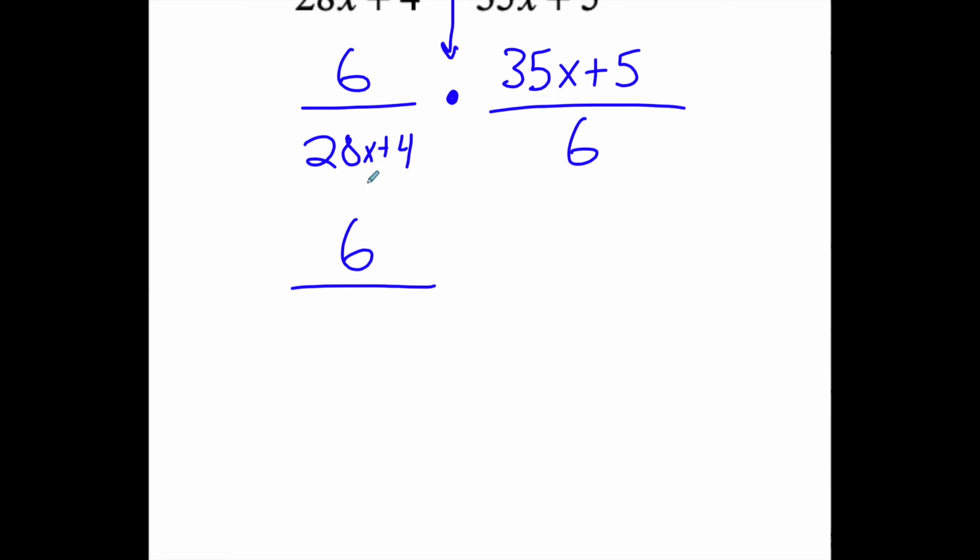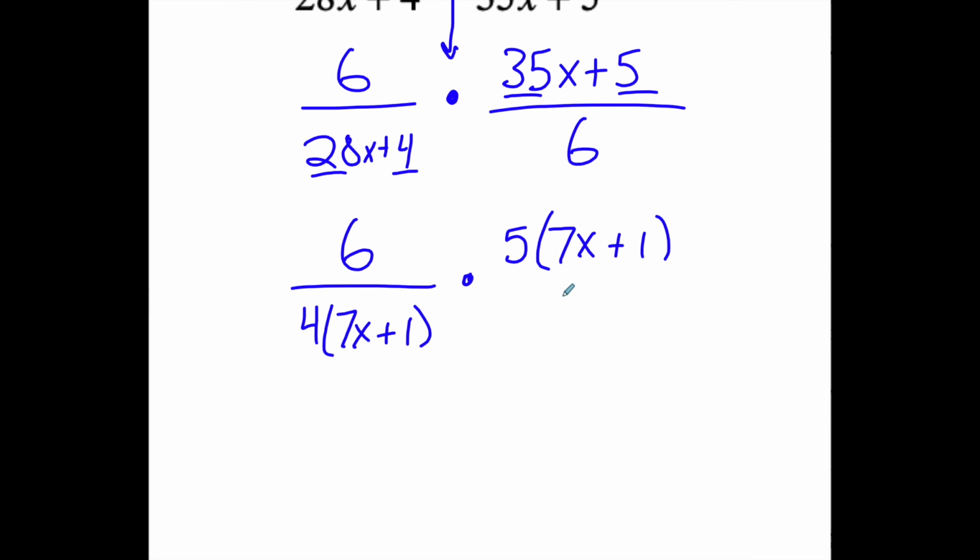So we're going to factor everything. Here on the bottom it's tricky, but there's a 4 in 28 and in 4, so I'm going to pull out this 4, and I'm going to go 7x plus 1. Up top it's difficult to see, but there is a greatest common factor. 5 goes into 5 and 35, so I'm going to take out a 5, 7x plus 1, and then on the bottom I've got myself a 6.